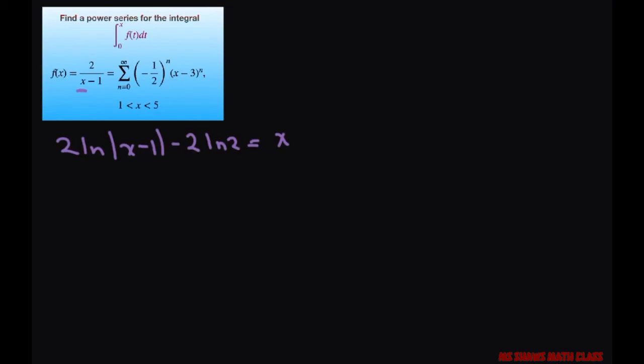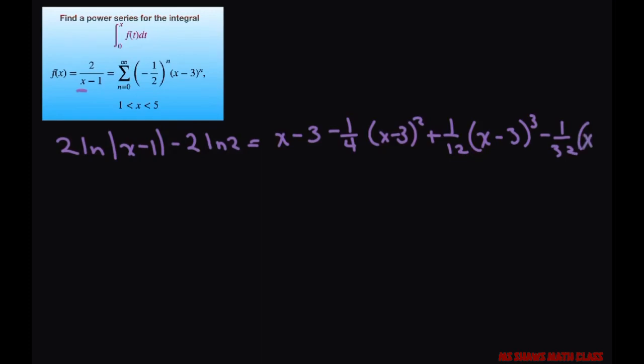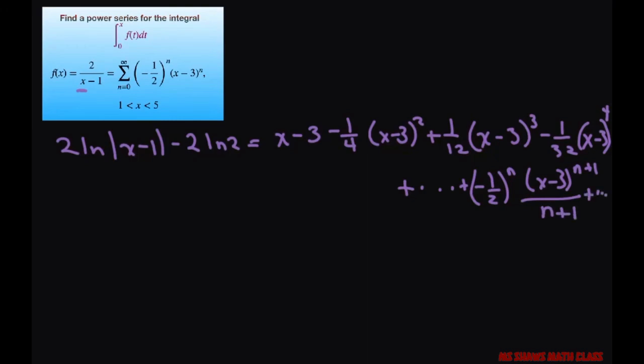We're just substituting in x for everything at this point. x minus 3 minus 1 fourth x minus 3 squared plus 1 12th x minus 3 cubed minus 1 divided by 32, x minus 3 to the fourth, plus dot dot dot, and then we have plus negative 1/2 to the nth power times x minus 3 to the n plus 1 divided by n plus 1, plus dot dot dot.